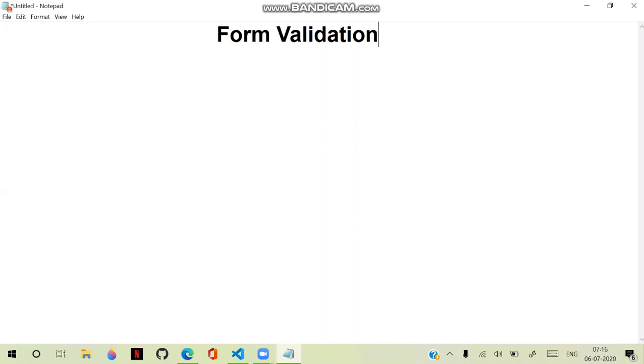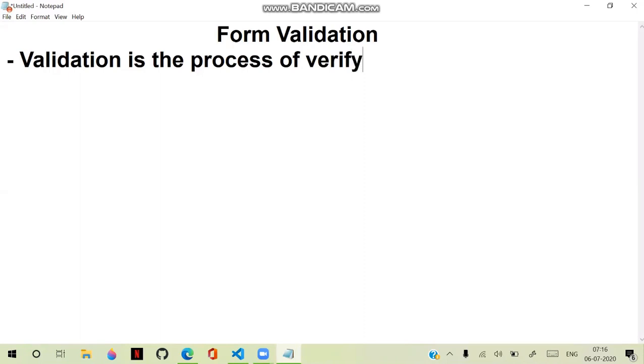Validation is the process of verifying user input. So when a user inputs a value, we have to verify the user input.